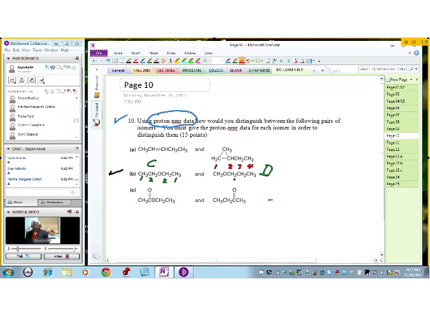So therefore, what you have to do here, you have to simply say that in this molecule here, you have only 2 signals in the NMR data or spectrum. On the other hand, in this molecule, you will have 4 different signals. Okay, so that is the one way in which you can use the NMR data to distinguish between molecule C and molecule D, and that is all you need to do here.